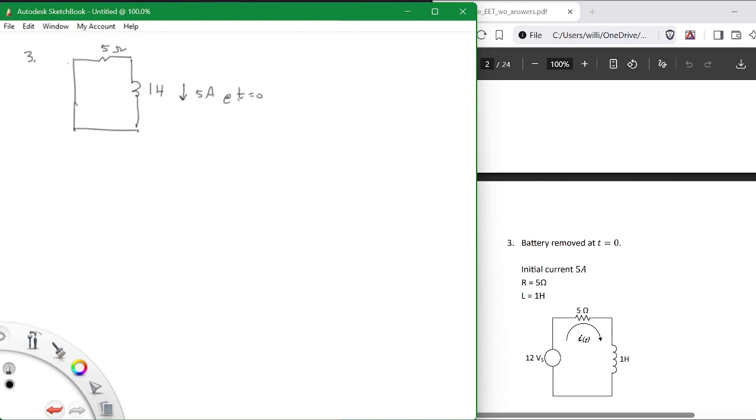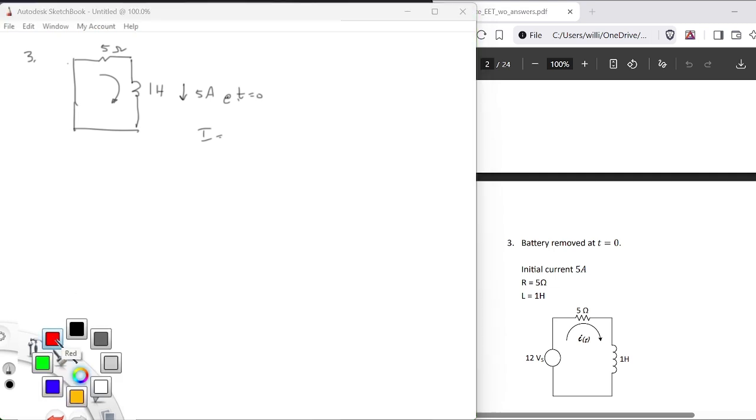Now, how do you do this one? Same way as you did the other ones, but without the V of S. So basically I is equal to what? V, which is this guy, well, I can go back to red.